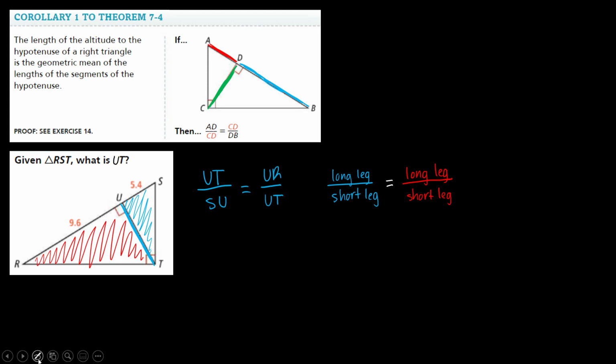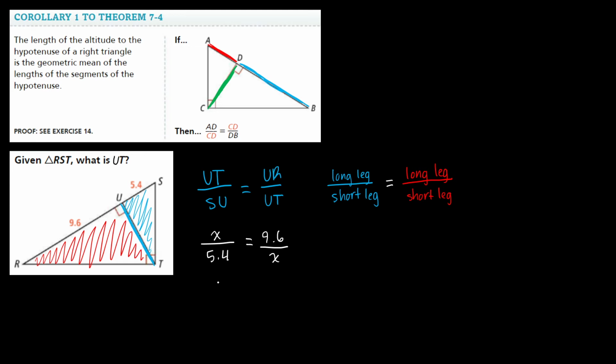So in either case, I know that UT is unknown. So let's just call it X for the sake of it. And SU is 5.4. And UR is 9.6. And UT is unknown. So really, we are finding the geometric mean of 5.4 and 9.6.